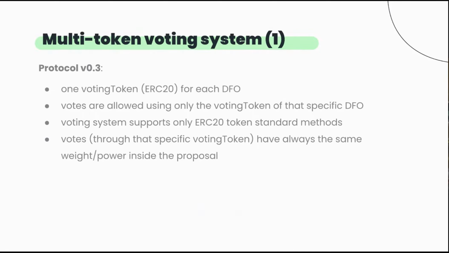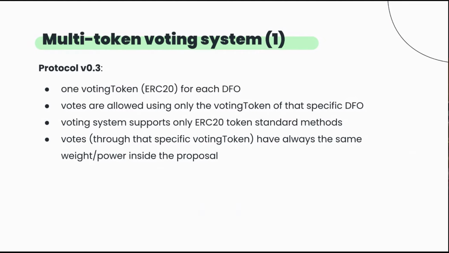So another important point, and personally this is my favorite point, is the multi-token voting system. This is really cool, because we can see that in the 0.3 we have only one voting token that is represented by an ERC20 token for each DFO.